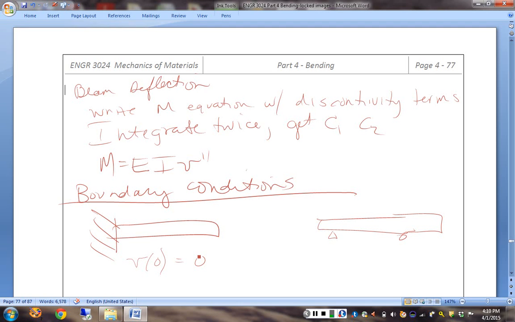What does cannot rotate mean? That's a slope. Some places you're going to see that as a V prime. You may also see it as a theta. It's an angle of rotation. So if you look at your new bingo card, you'll see that the slopes are noted as thetas.